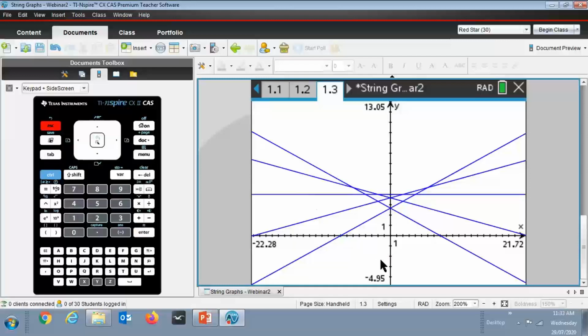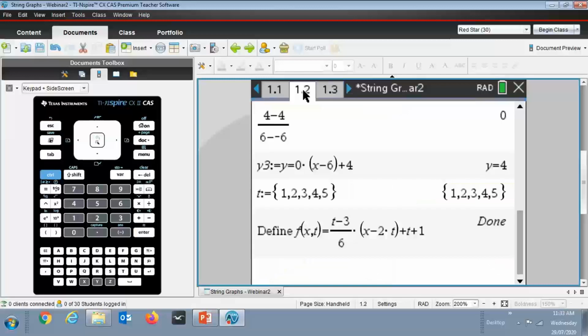If you want to see this a bit better, we can go back to page 1.2, and I can alter the t values now to give us a few more points. You notice 3 is in the middle. So if I put the same number of values going in, maybe an additional few to the left of 1 and then to the right of 5, that'll give me a chance to see the structure a little bit better.